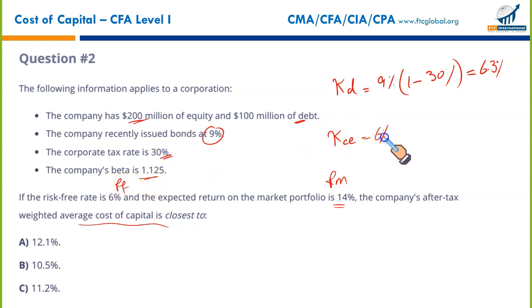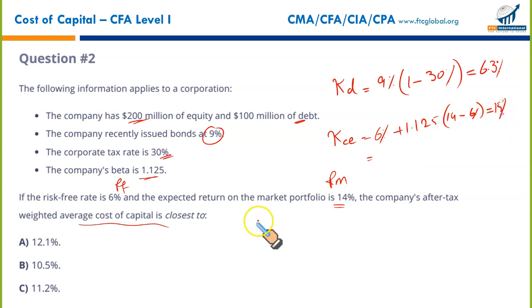That's 6% plus beta, that is 1.125, into return on the market, that is 14%, minus risk-free rate, that is given as 6%. Solving this gives you the cost of equity. 1.125 times the difference between 14 and 6. To this add 6 gives you a total of 15%. So your cost of common equity is 15%.